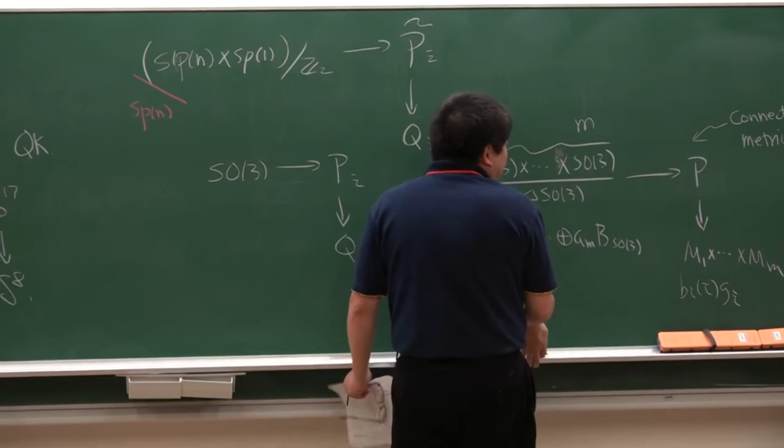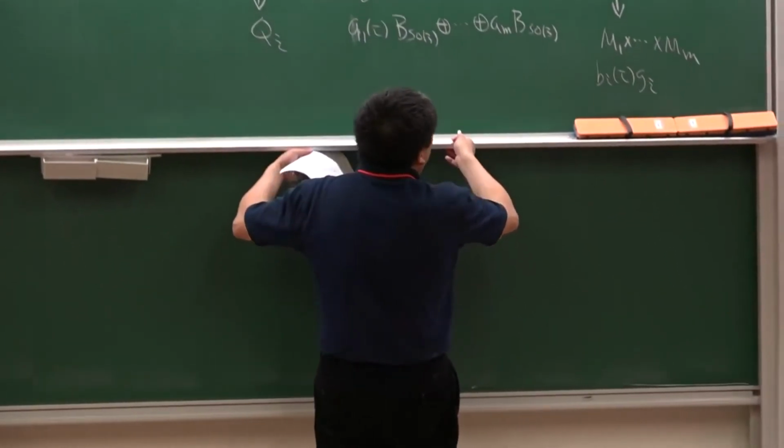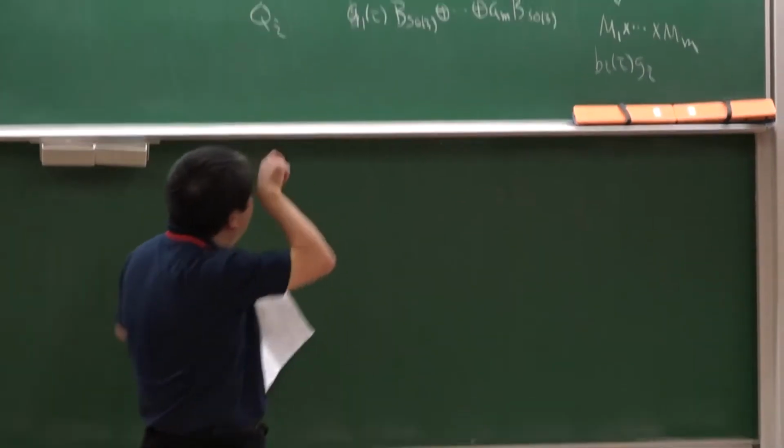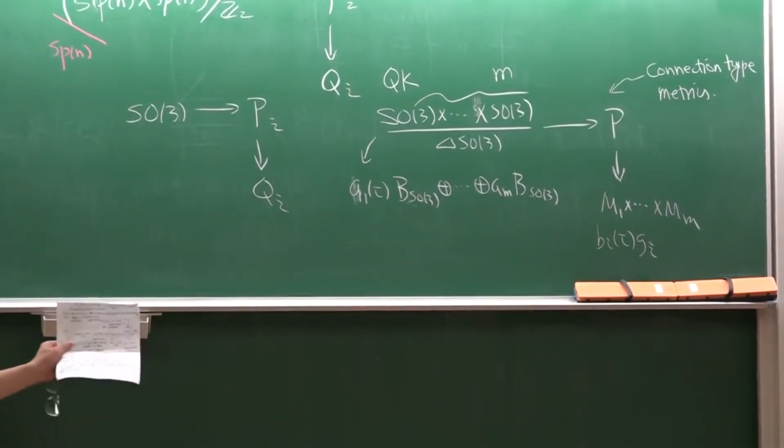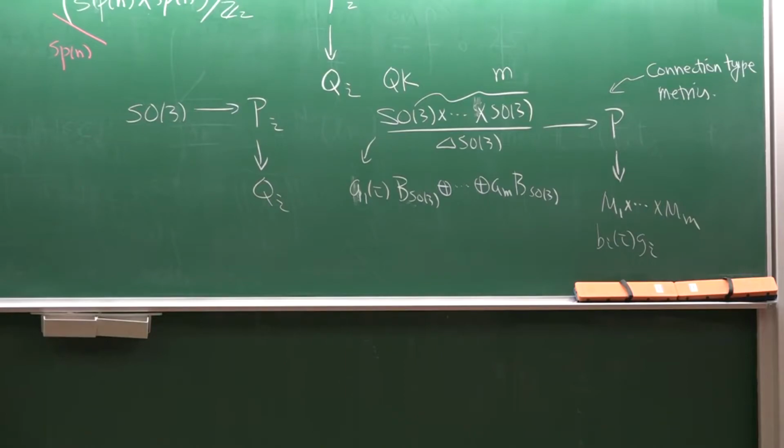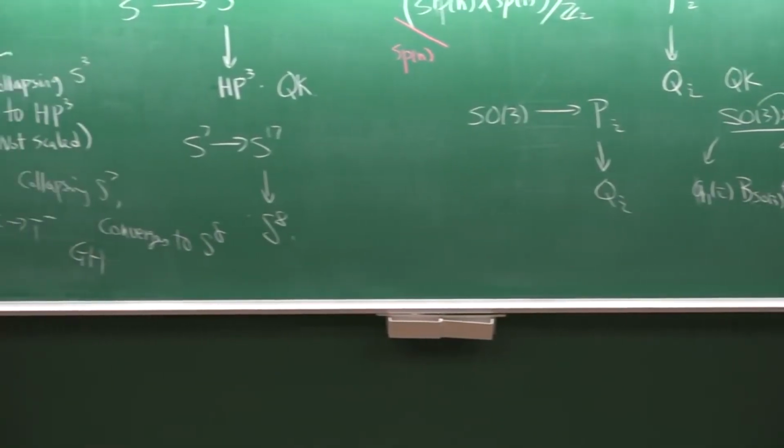So once again, when you consider this type of connection type of metric, Einstein metric, the Ricci curvature is calculated before. So you get the Ricci flow equation in the following format.